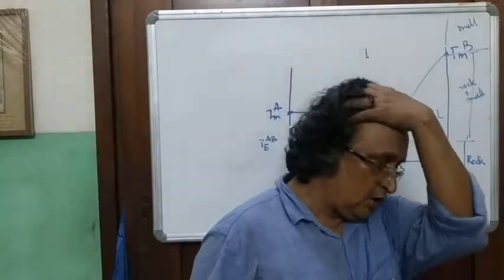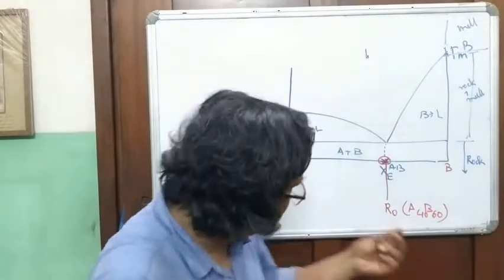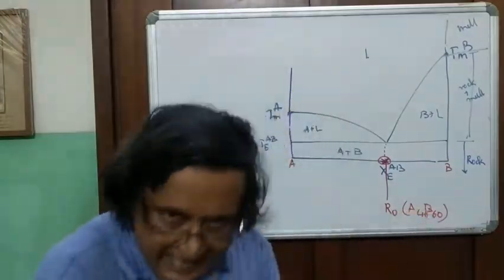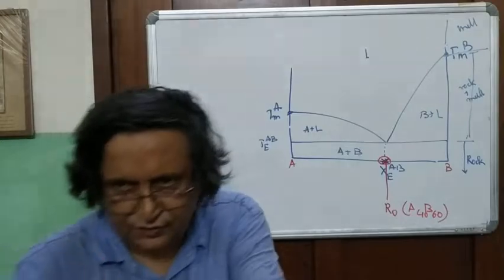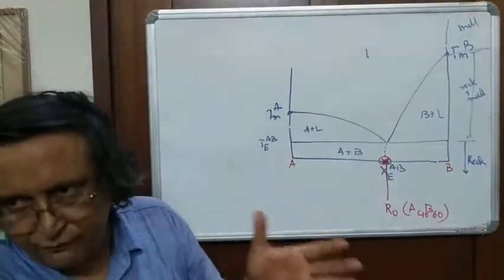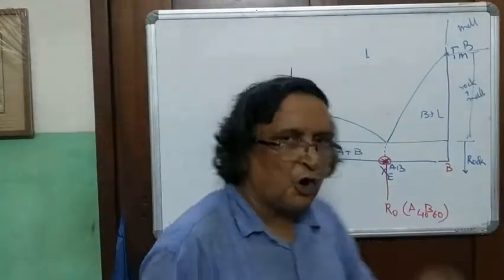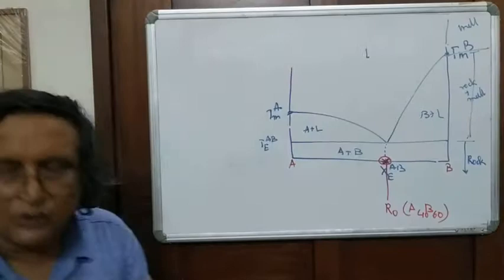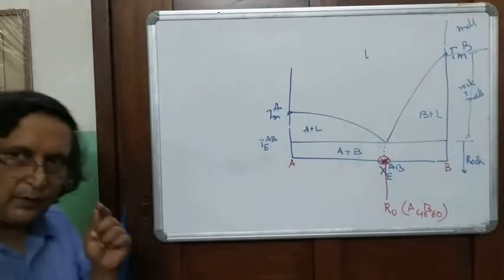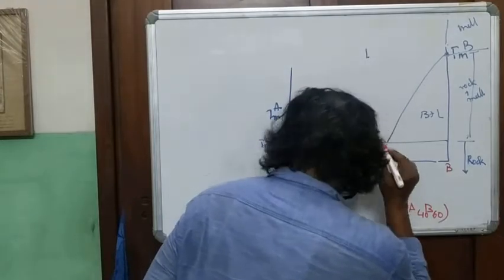If I have a rock composed of pure minerals A and B, in the weight proportion 40 is to 60, and I take this rock and melt it, what will happen? That's the question.